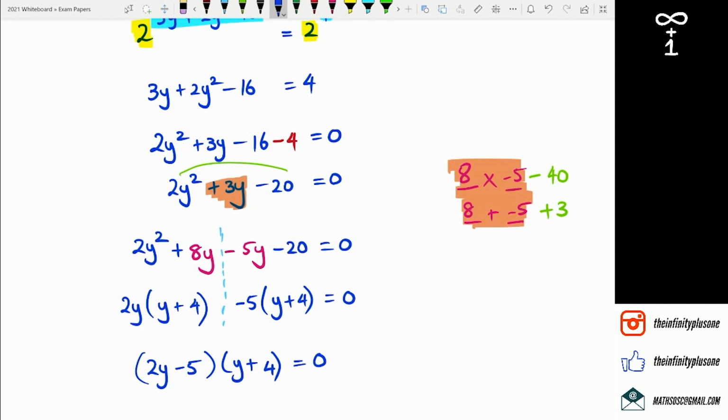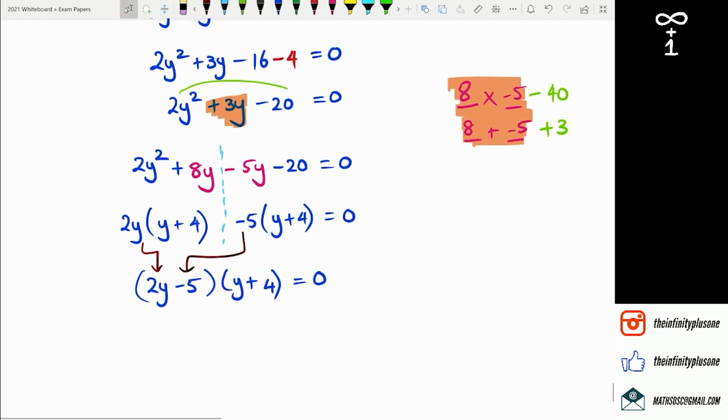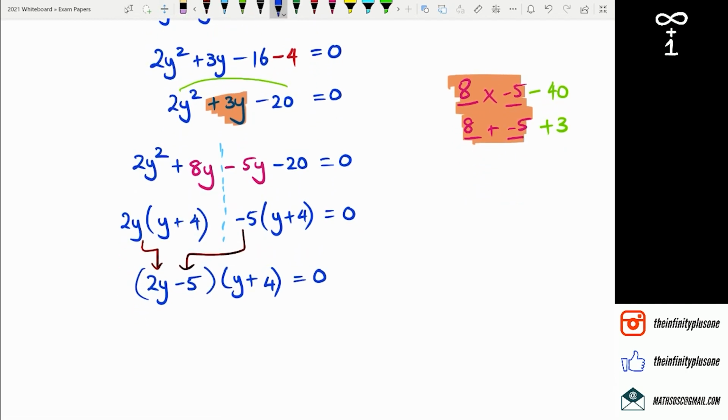So just to reiterate, 2y comes from here, minus 5 comes there, and y plus 4 is a common factor. So at this point, I can say that 2y minus 5 is equal to 0, or y plus 4 is equal to 0.